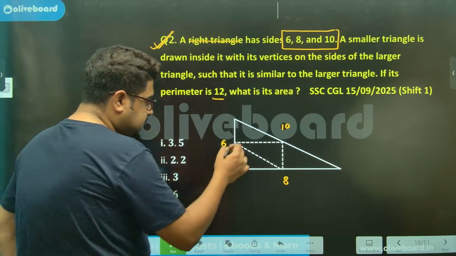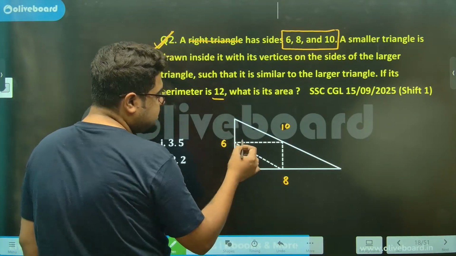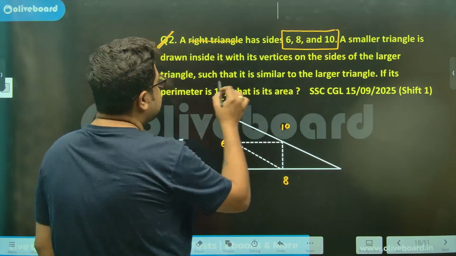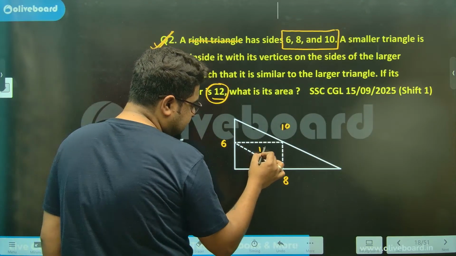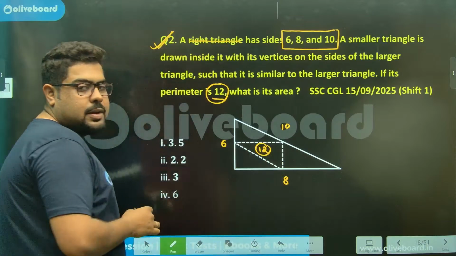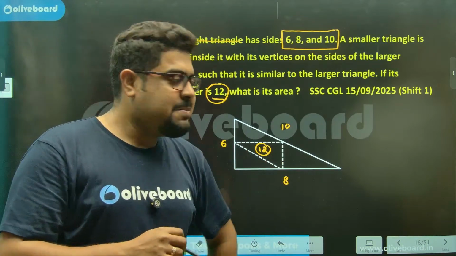So this particular triangle has a perimeter of 12.